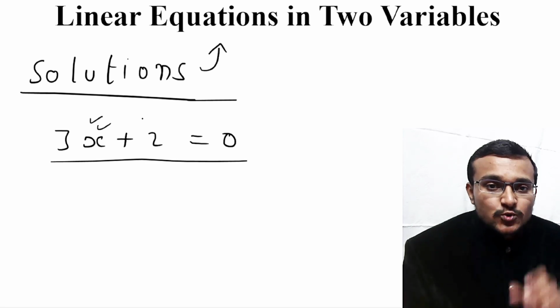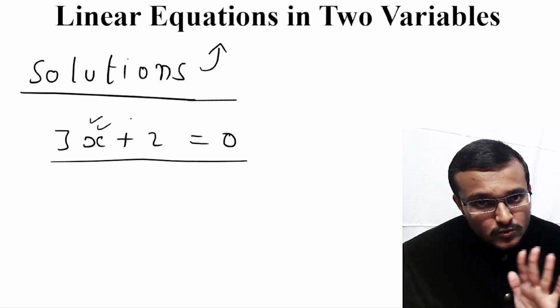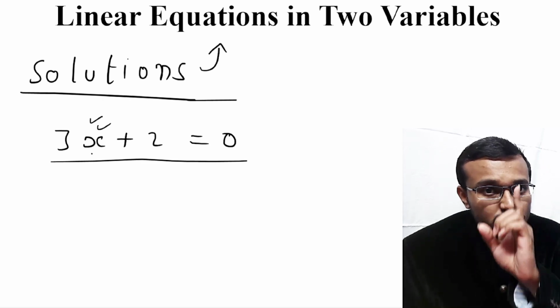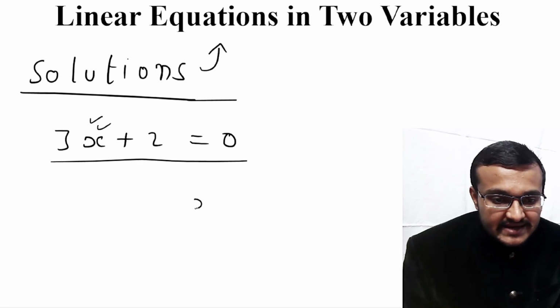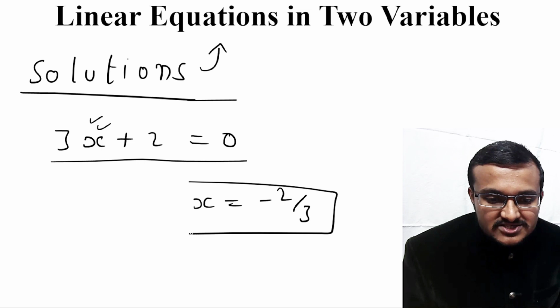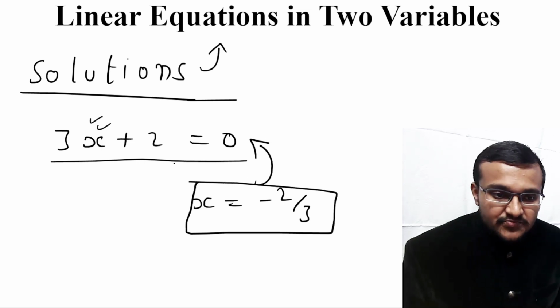That means here there is only one variable, and that variable has power equal to 1, and this equation has only one solution, that is x is equal to minus 2 by 3. This is the only solution possible to satisfy this equation.